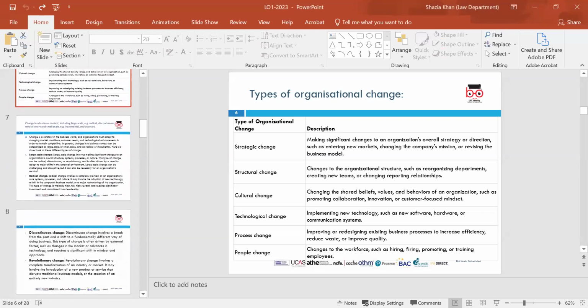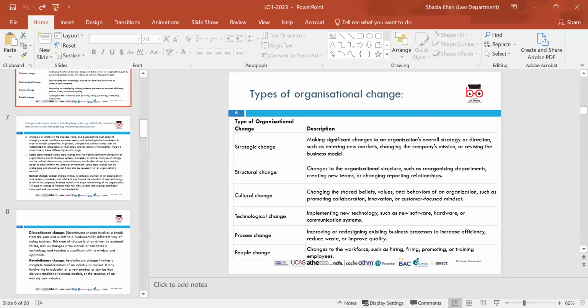Then you have cultural change, which is changing the shared beliefs, values, and behaviors of that organization. Another one is technological change, which is quite a big one and involves new software or any new system coming into play to improve the business.